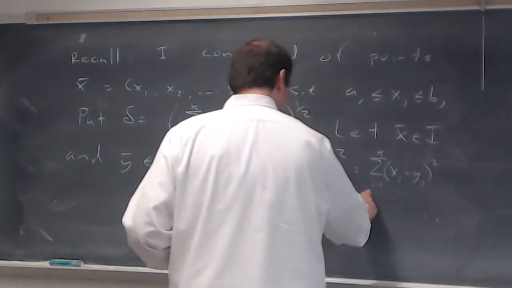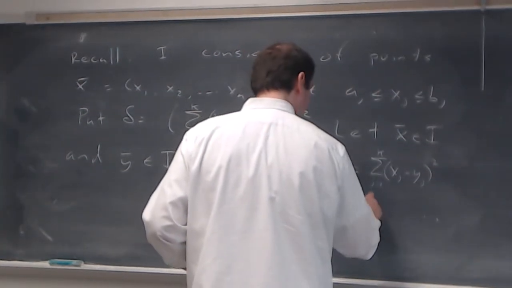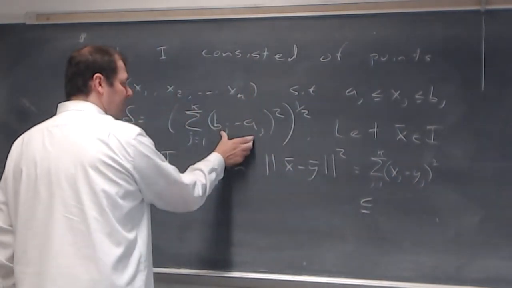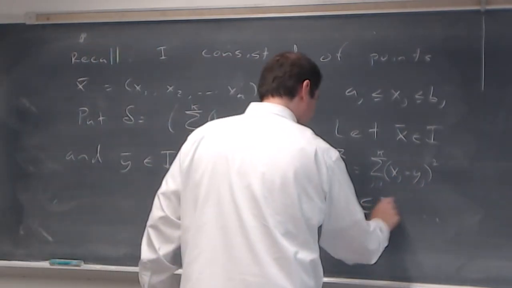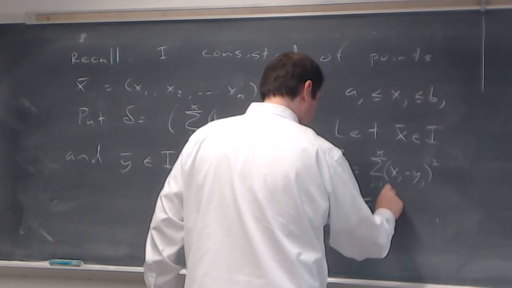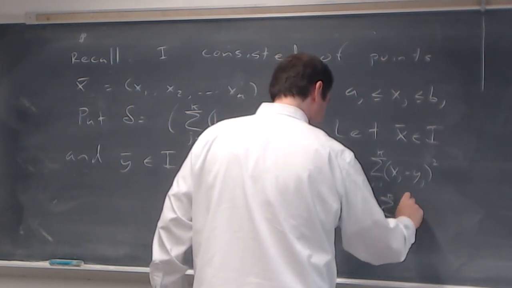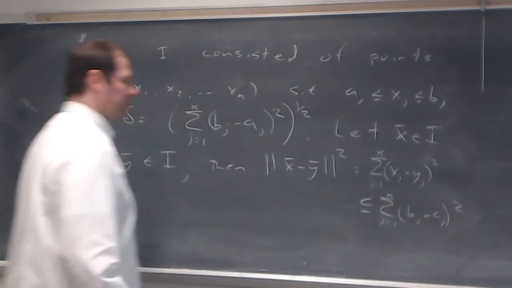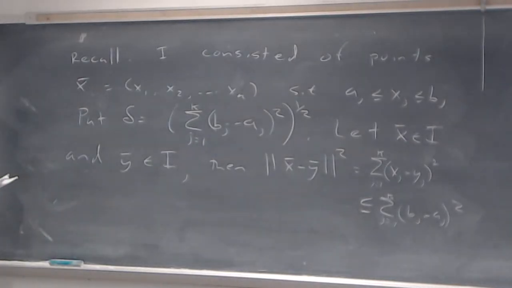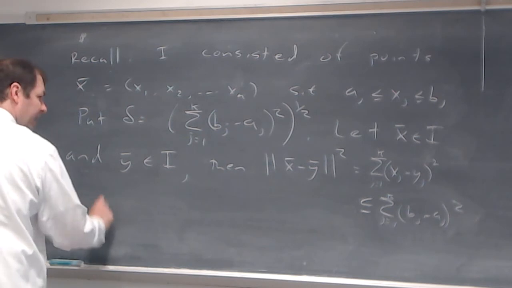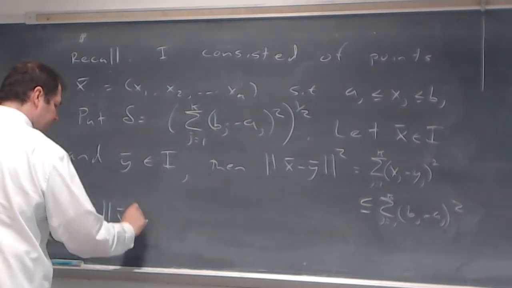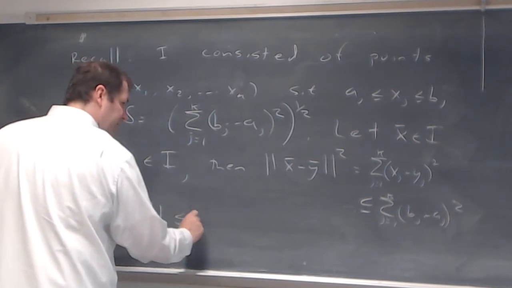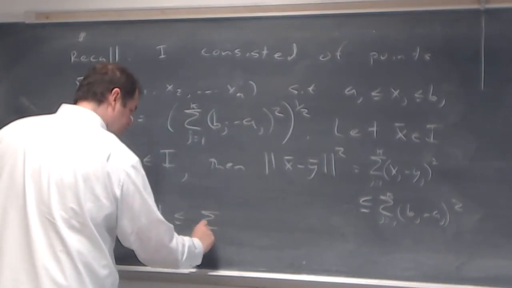But each one of these distances is going to be less than or equal to b sub j minus a sub j. So this sum will be less than that sum. So what we get is that the distance, not the square, is going to be less than or equal to this.